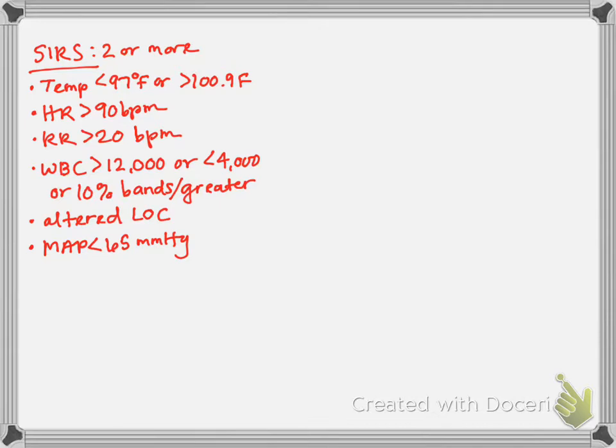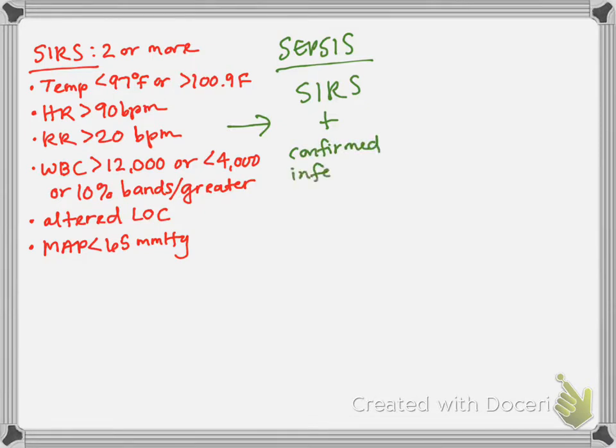So sepsis, make it green like pus, because it's an infection. So sepsis is SIRS plus a confirmed infection. So whether it's a UTI, whether it's pneumonia, whether it's a wound culture, that's telling you that your patient has SIRS and a confirmed infection, which means sepsis.